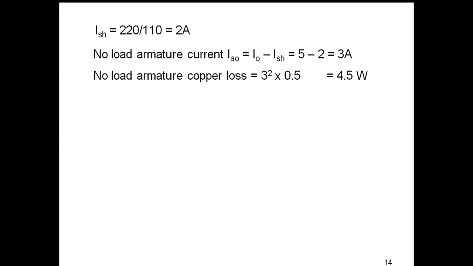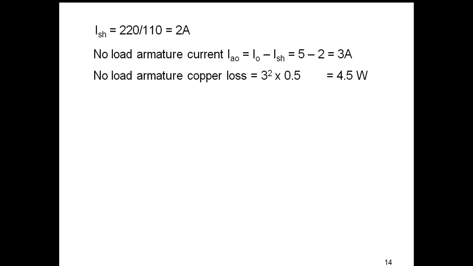And to find the no load armature copper loss, the formula is Ia naught square into Ra.